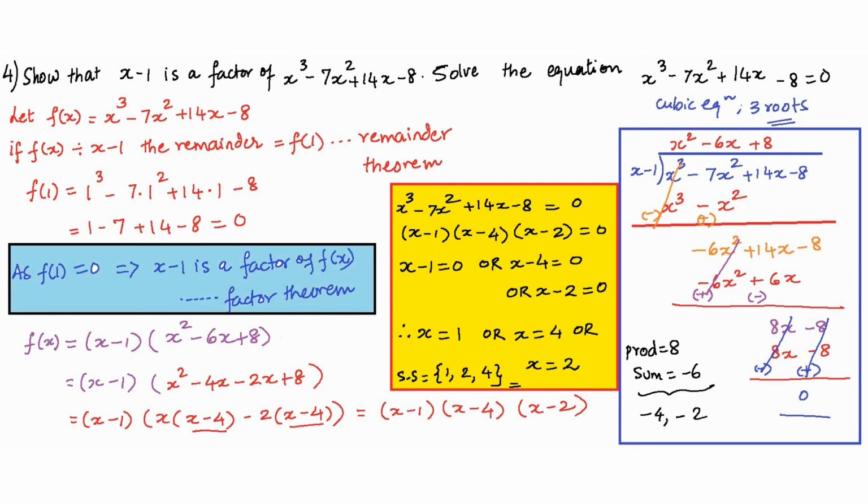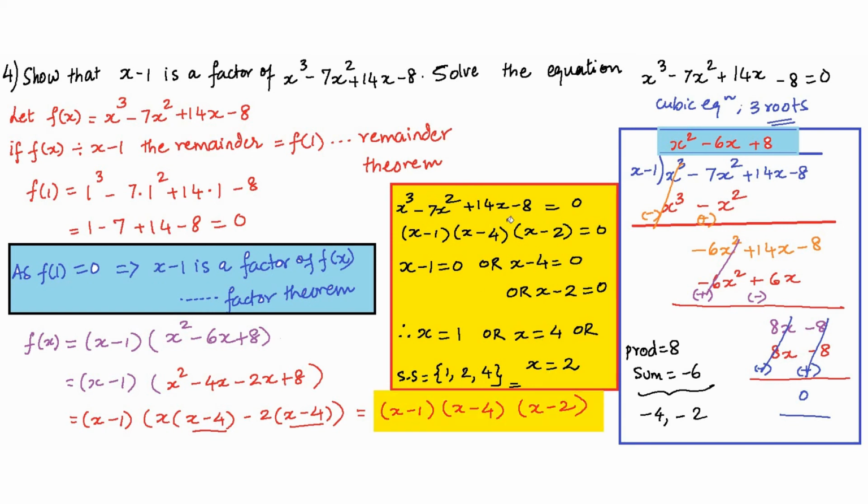This is the first thing that we did. Then we use the long division technique to find the quotient. And remainder was expected to be a 0 because x minus 1 was a factor. And then we used the factorization of trinomials to get the factorized form, right? That was the third checkpoint in this particular question.